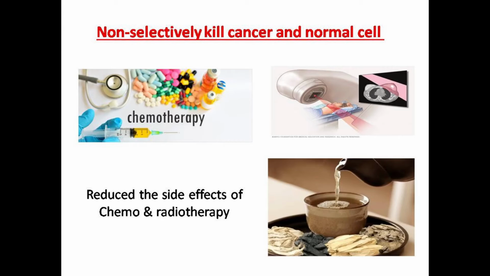The doctor has to stop the chemo. If they continue, the patient may die of incurable infection. But if they stop chemo, the patient may die of the cancer. So it is very difficult in the treatment of some cancers.